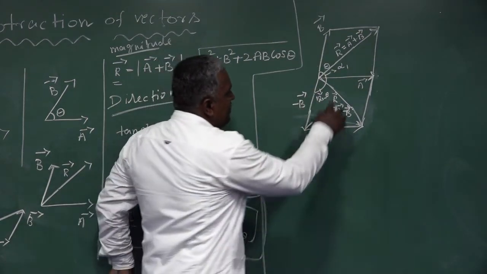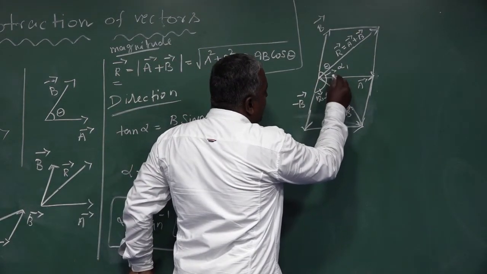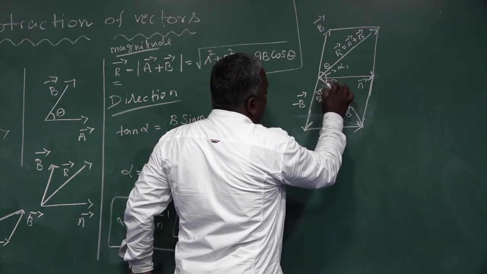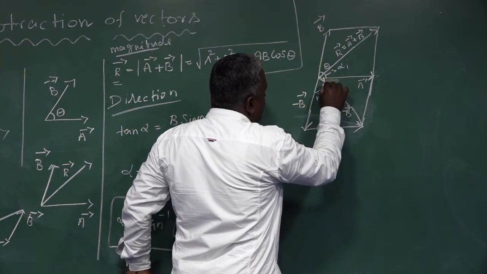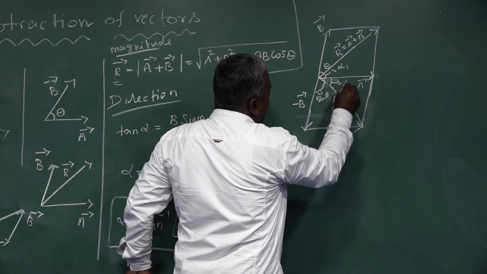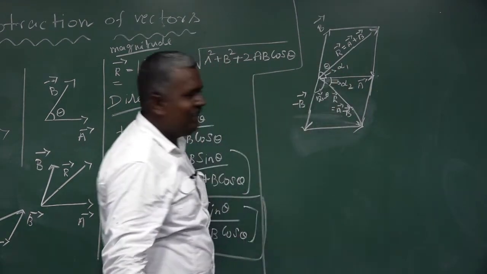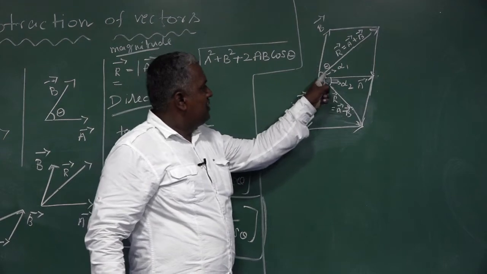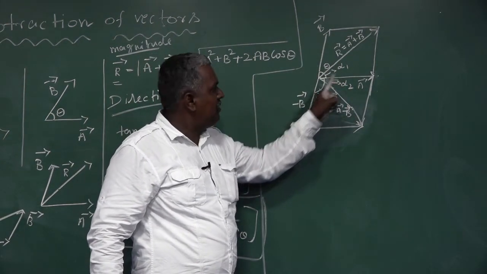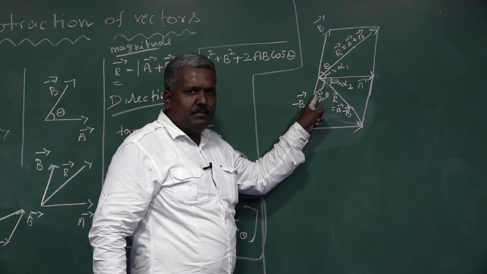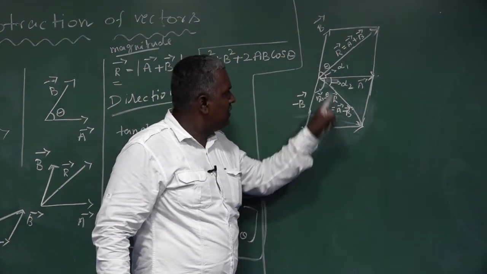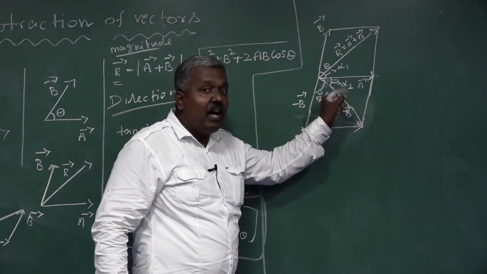Then this resultant vector makes this angle alpha 2. So this is theta. This gap alpha 1 is the direction. The remaining angle from theta is called 180 minus theta. Let us consider this alpha 2.